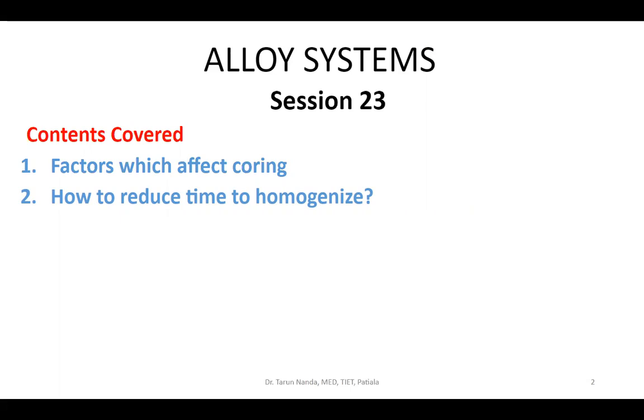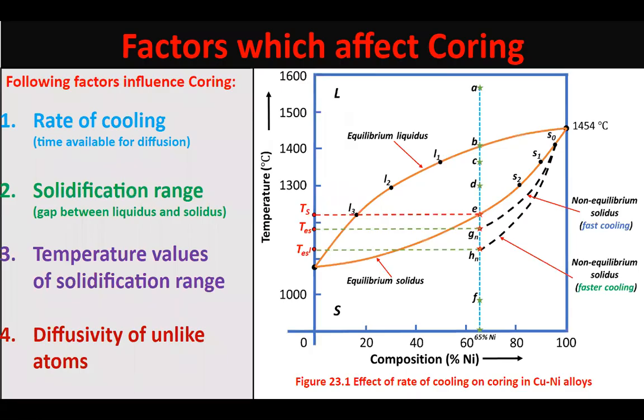We'll not discuss it in detail, but we'll give you a glimpse, and then in the next session we'll take it up in more detail, as to how the effects of coring can be reduced or eliminated. So let's discuss the various factors which affect the coring phenomenon.